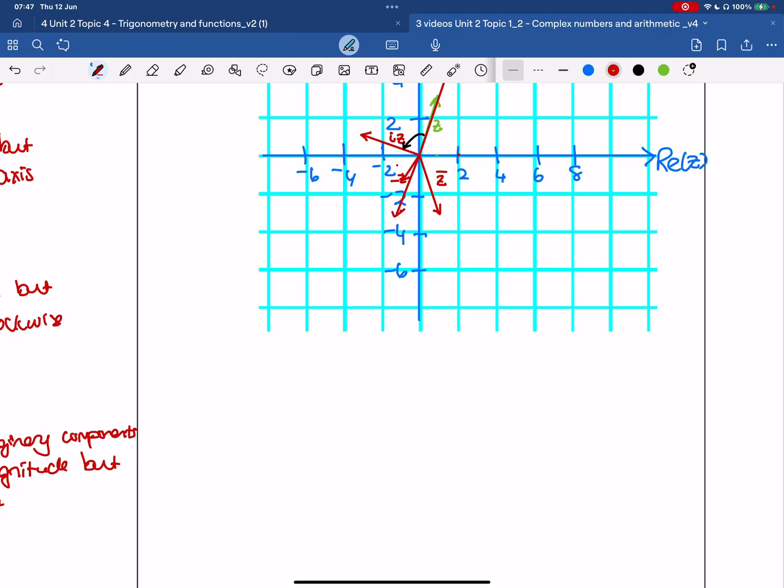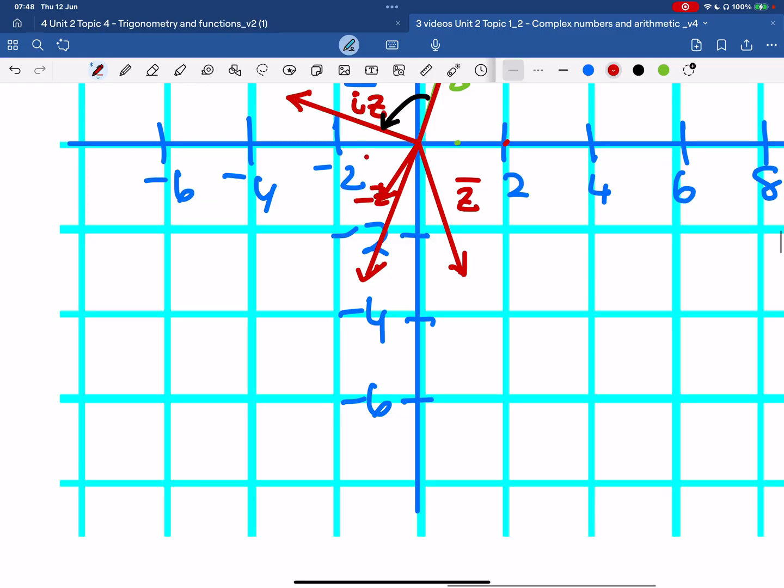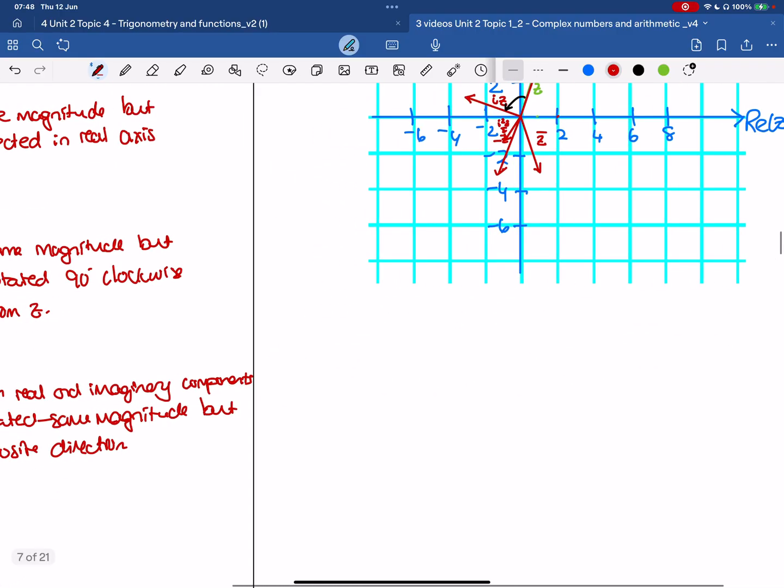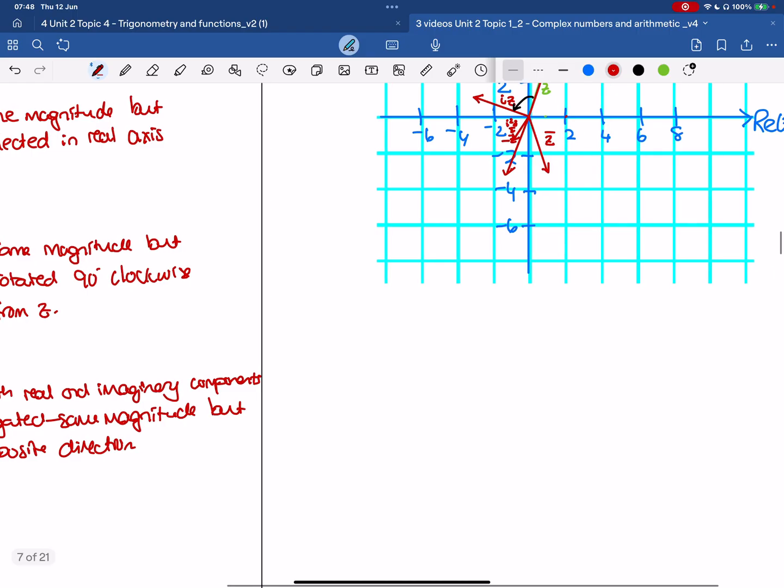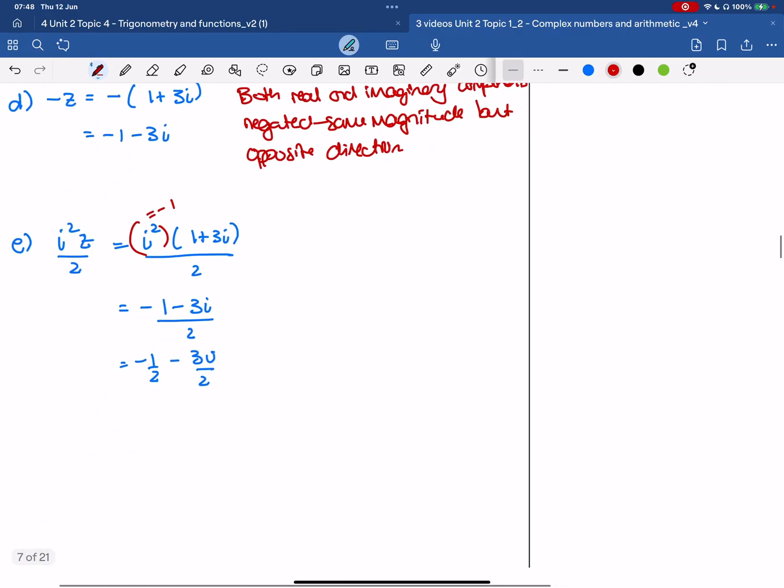And that is my i squared z over 2. Okay, and basically it's going in the opposite direction. So it's the same as multiplying by negative 1. But it is half the length. So opposite direction, but half the magnitude.